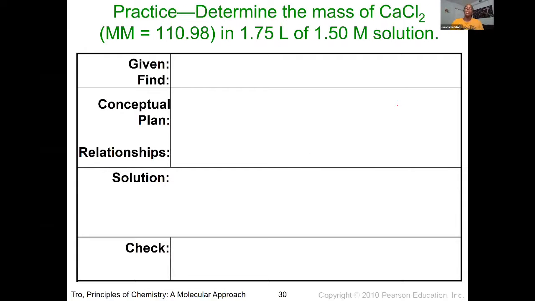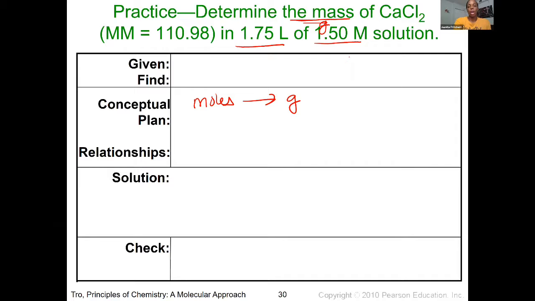Last one says, determine the mass of calcium chloride in 1.75 liters of 1.50 molar solution. So if we're determining the mass, that means we ultimately want to get grams. But given the information that we know, we have a molarity, we have a liters. The first thing we'll be able to solve, just like before, is the moles. And then once we have the moles, we can get to the grams.